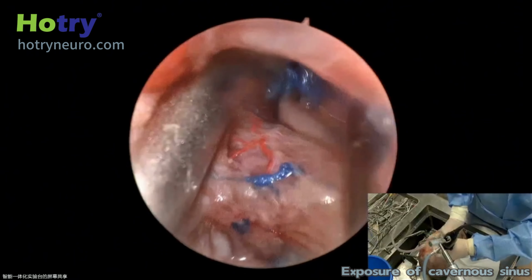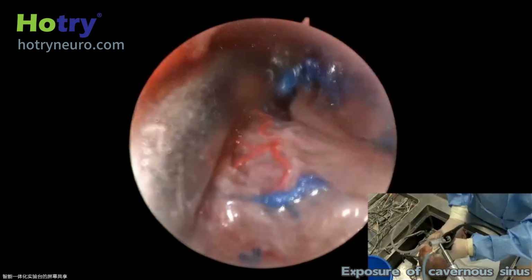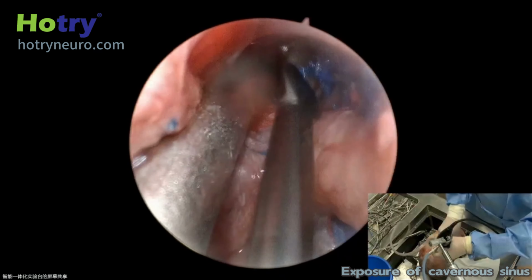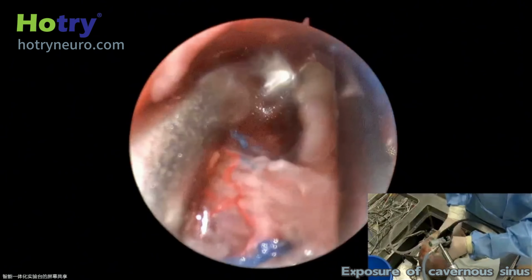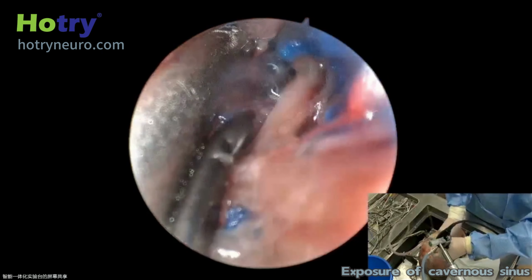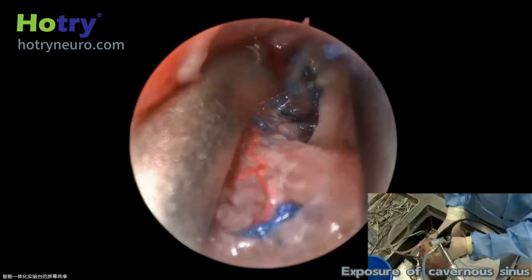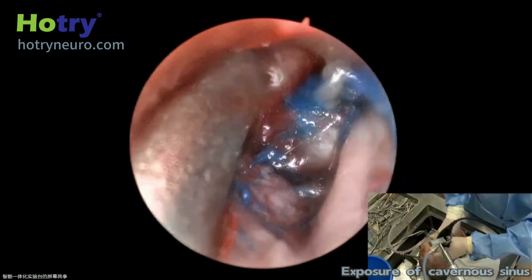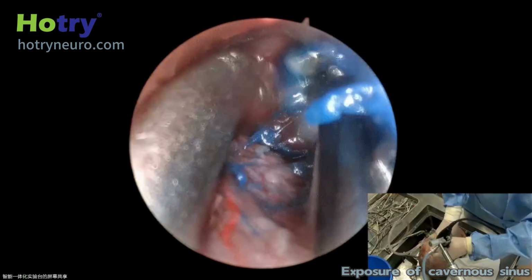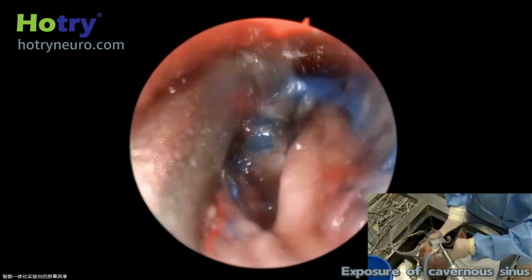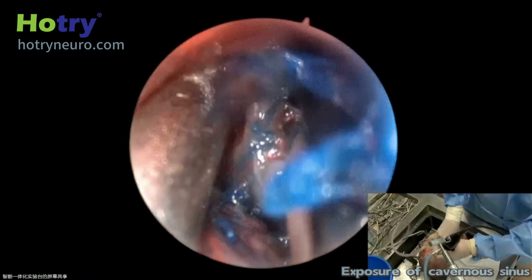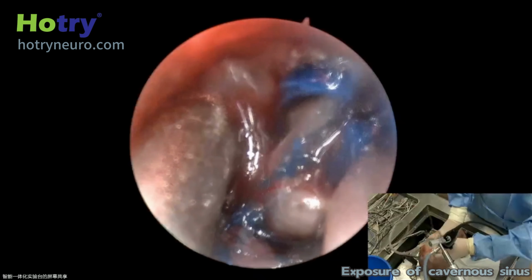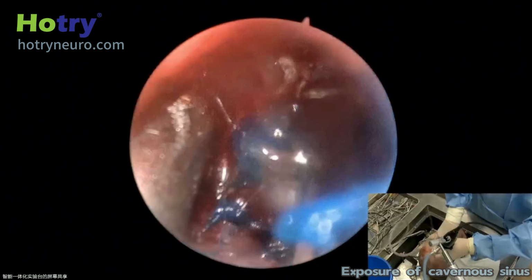This is the carotid. If you follow the abducens nerve all the way posteriorly, you would reach Dorello's canal, where there is a ligament which forms the roof of the canal. That is Gruber's ligament.